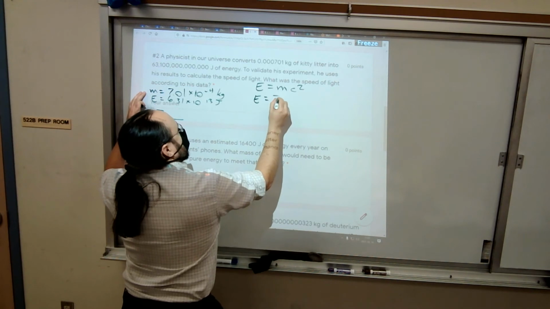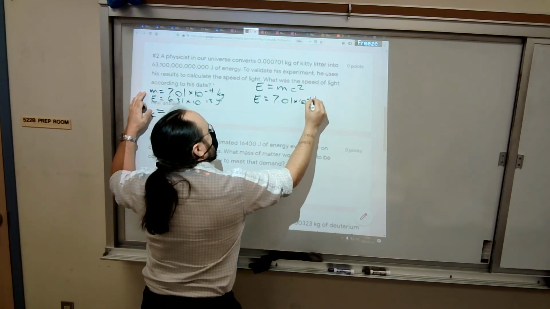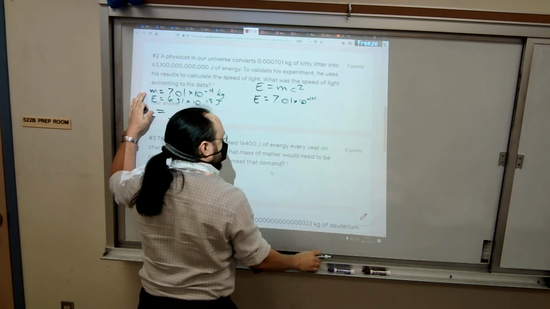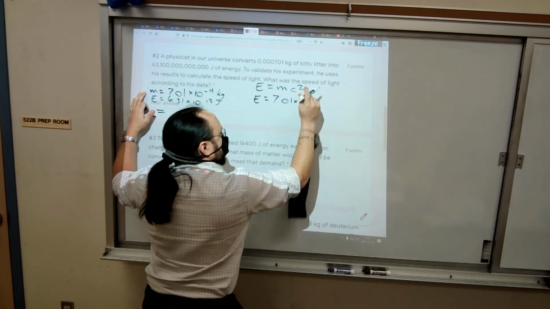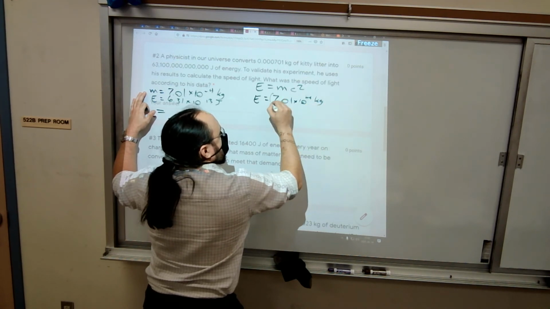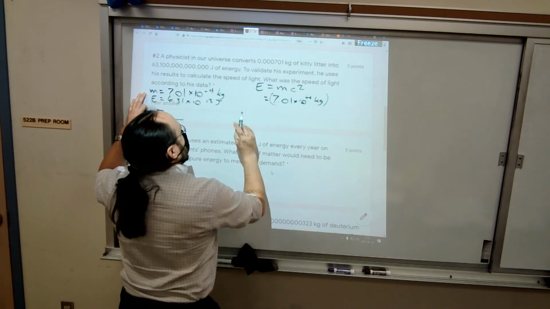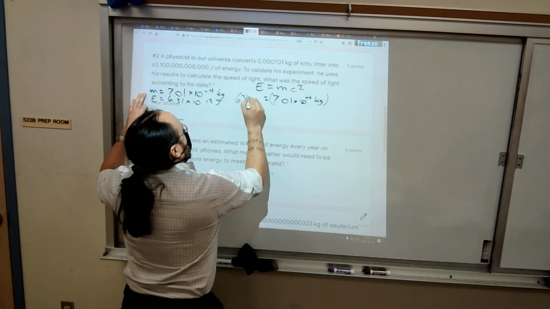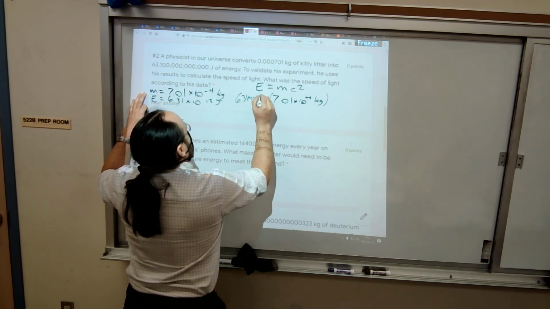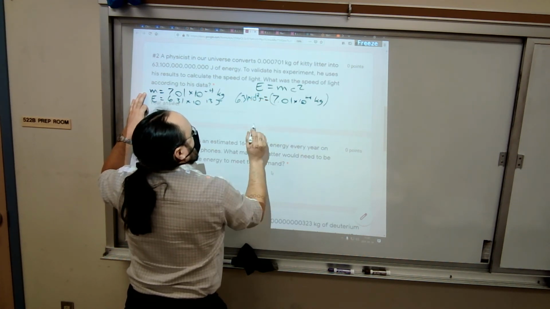The mass is that 7.01 times 10 to the negative 4 kilograms, and the energy is that 6.31 times 10 to the 13 joules.